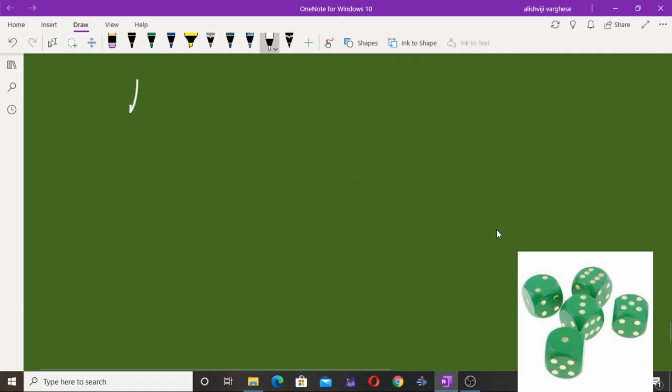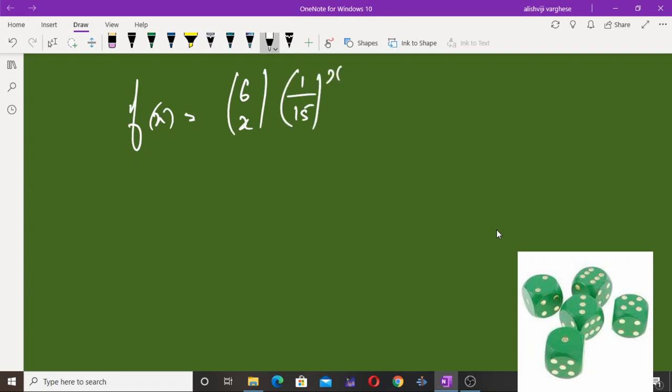So the binomial distribution is f of x is equal to 6Cx, 1 by 15 raised to x, and 1 minus p is 14 by 15, that is 1 minus 1 by 15, all raised to 6 minus x, where x varies over 0, 1, 2, 3 up to 6.